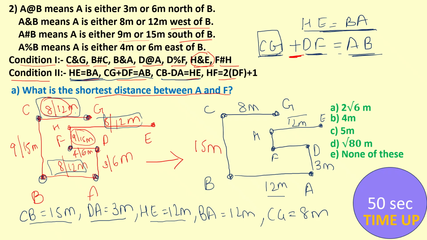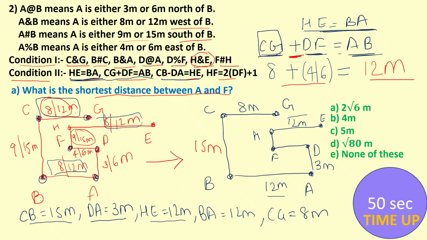DF and HF is left. See, ACG you got as 8, correct? So DF can be either 4 or 6 meter, but AB you need how much? You need 12 meter. So when you add this, you should get 12 meter.